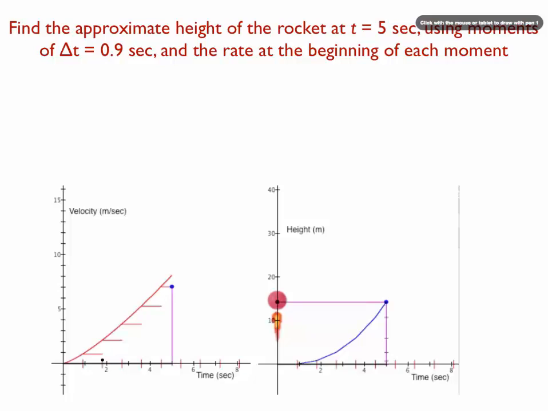And then for the next delta t interval, or that whole moment, we'll use the rate of change at the beginning of the moment. So how would you express that rate of change in our second moment exactly? Talk to your neighbor.